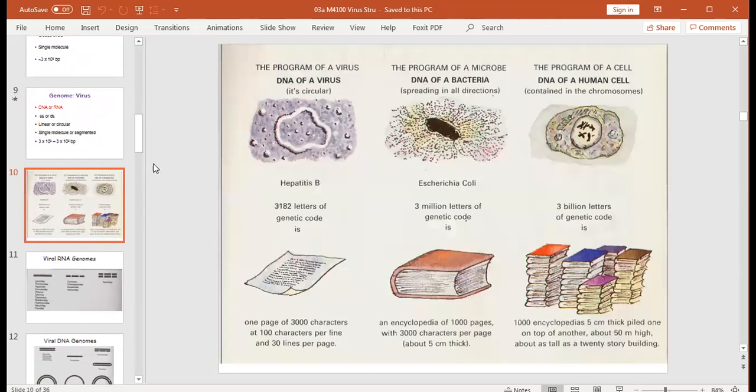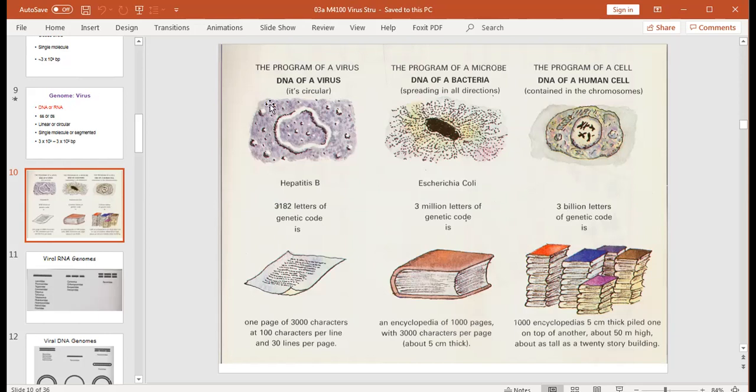Slide number 10. This is a comparison of the genetic information contained in the chromosomes on the far right-hand side of the DNA of a human cell. It's comparable to numerous textbooks or encyclopedias, whereas the genetic information carried in the DNA of a bacteria, such as E. coli, would be comparable to the information contained in an encyclopedia.